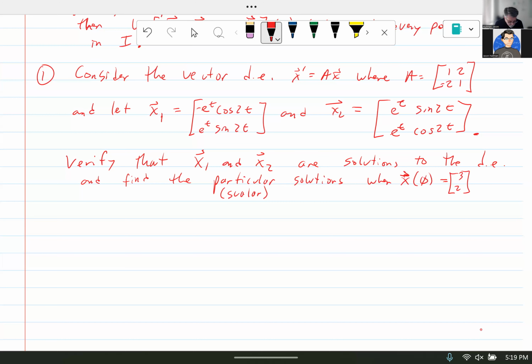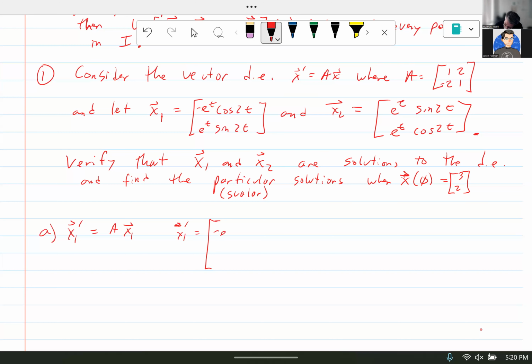Okay, so let's do part A here, which is seeing if x1 and x2 are solutions to this differential equation. So for x1, we want to know if x1 prime is equal to A times x1. What is x1 prime going to be? It's just the derivative of the elements, so that's product rule.